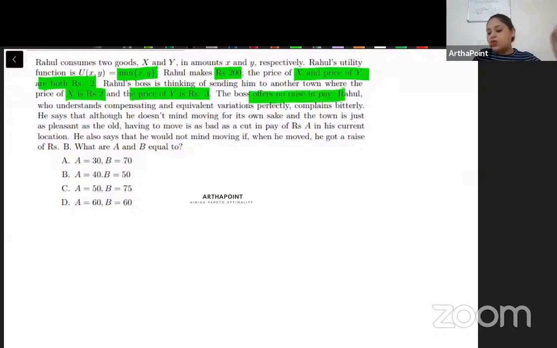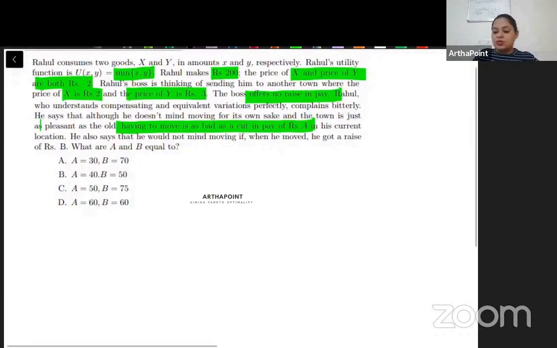Rahul, who understands compensating and equivalent variations perfectly, complains bitterly. He says that although he doesn't mind moving for its own sake and the town is pleasant, having to move is as bad as a cut in pay of rupees A. So we have to find out how much of a cut in pay this is for him in his current location.